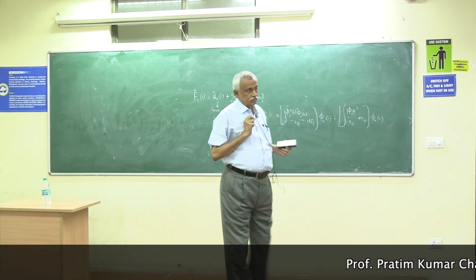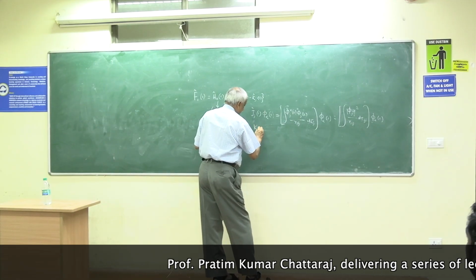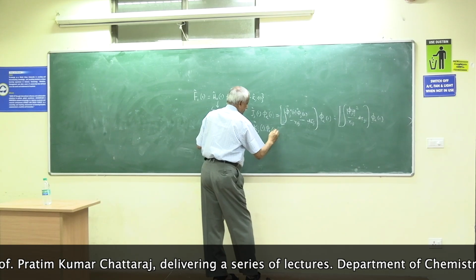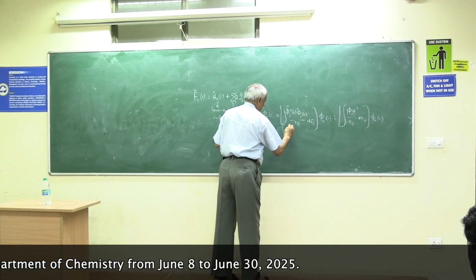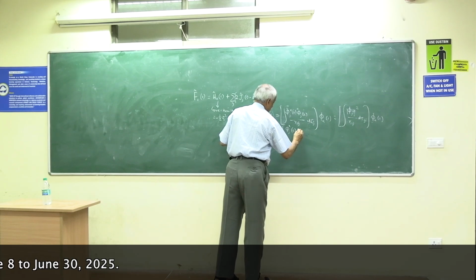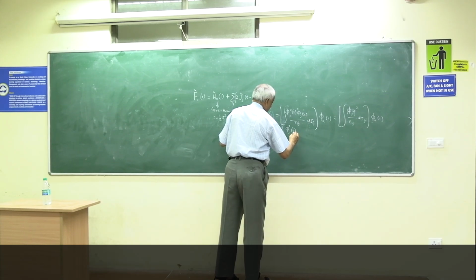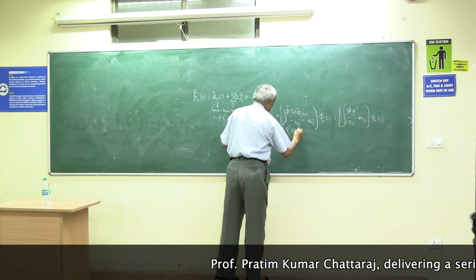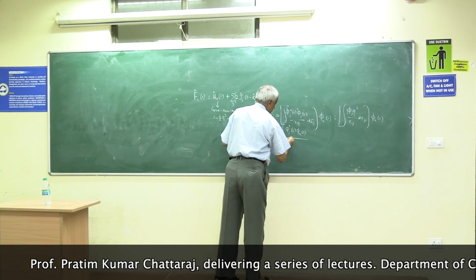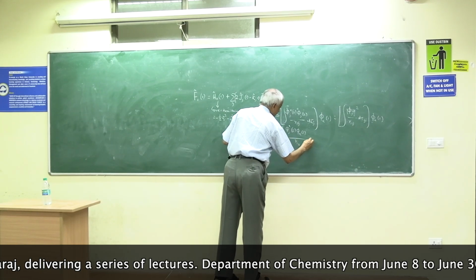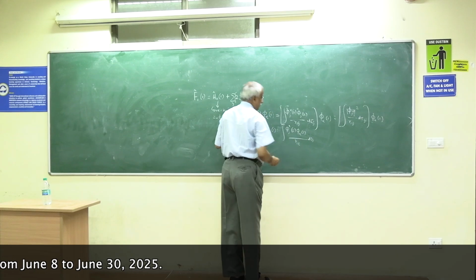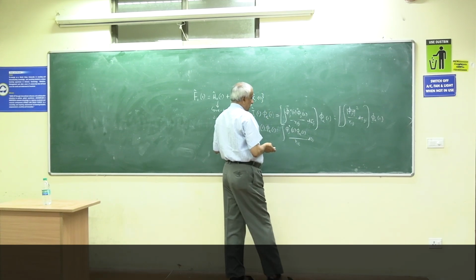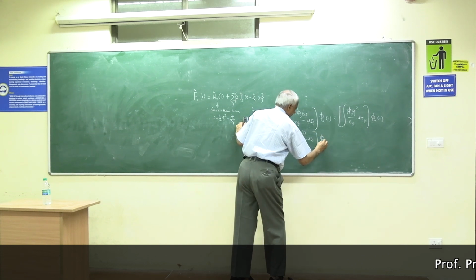What about the exchange part? Now there is a crucial problem. Say K_j(1) phi_A(1) would be the integral of phi_j star(2) phi_A(2) by R_1j d tau_j, and this would operate on phi_j(1).